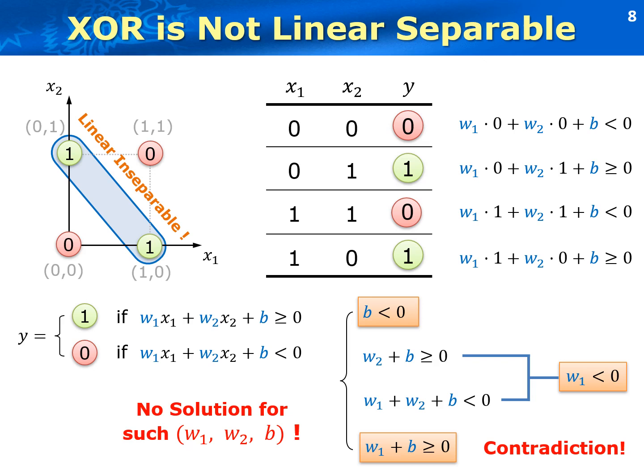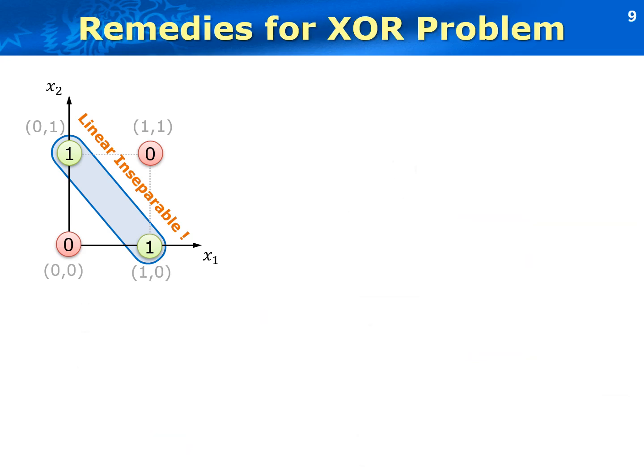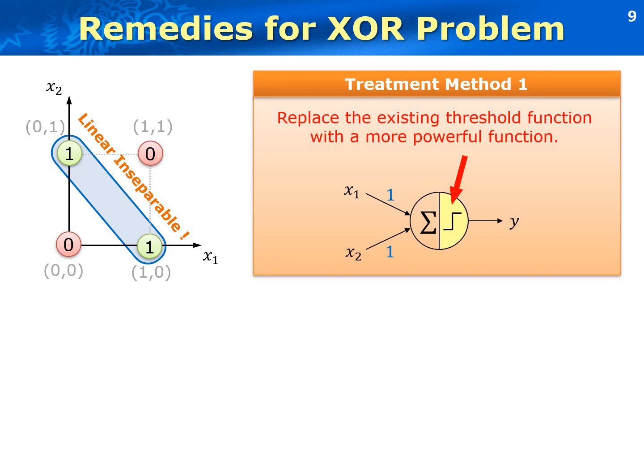To address this issue, there are 2 treatments. The first method is to replace the existing threshold function of the perceptron with a more powerful function. This method would make the existing activation function more complicated, but can guarantee that only the single-layer structure of the neural net is used for XOR representation.